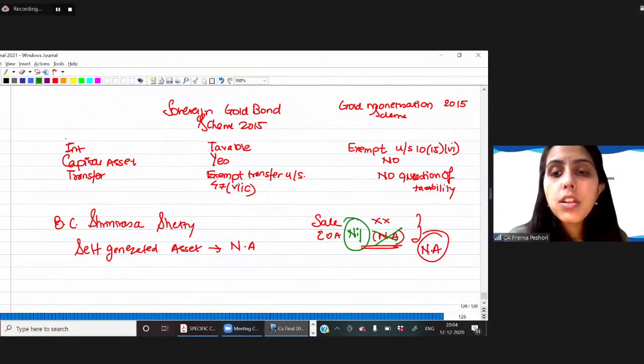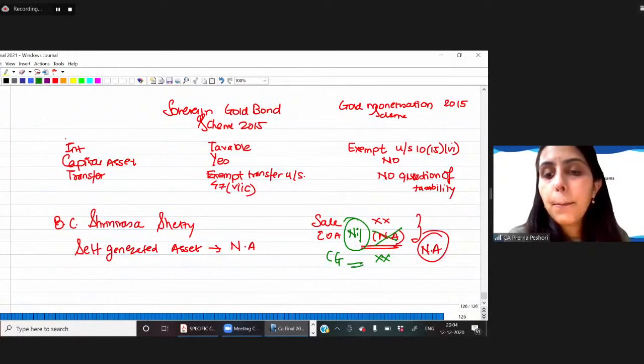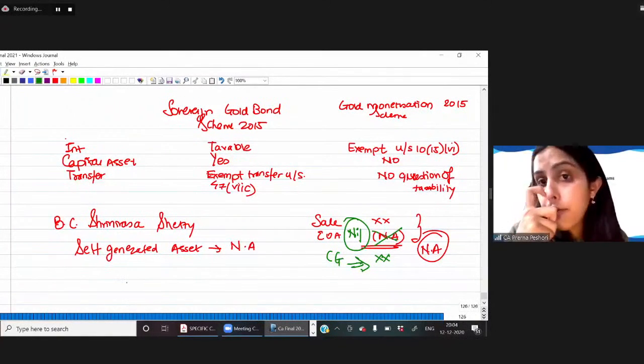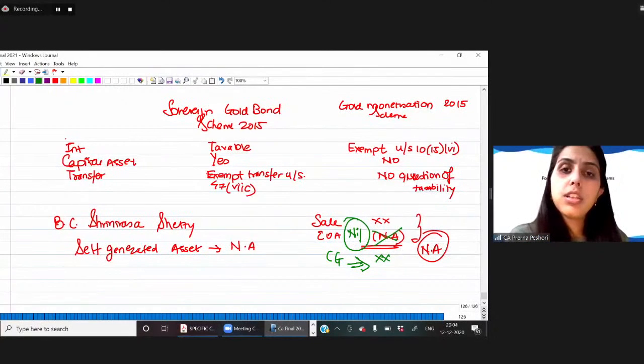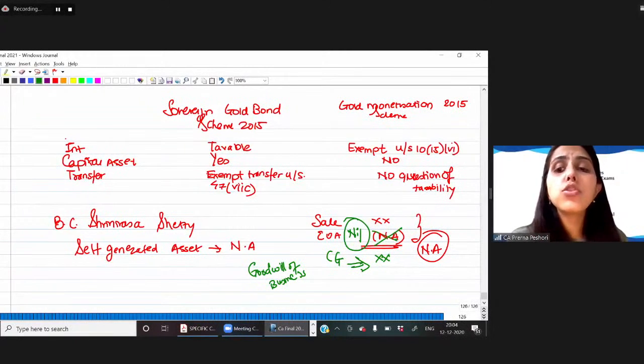But with nil cost, the entire amount of sale will be your capital gain. So therefore, for goodwill of business, the Act specifically says that cost of acquisition shall be nil. But for goodwill of profession, it is still not applicable.